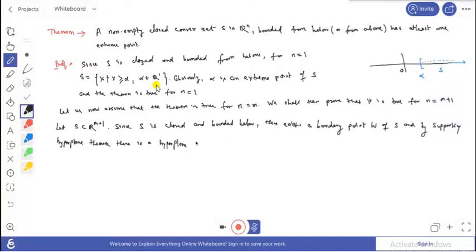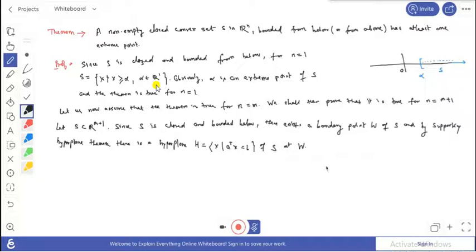Suppose we define that hyperplane as H, the collection of all X such that A transpose X equals B. This is the supporting hyperplane of set S at the point W.